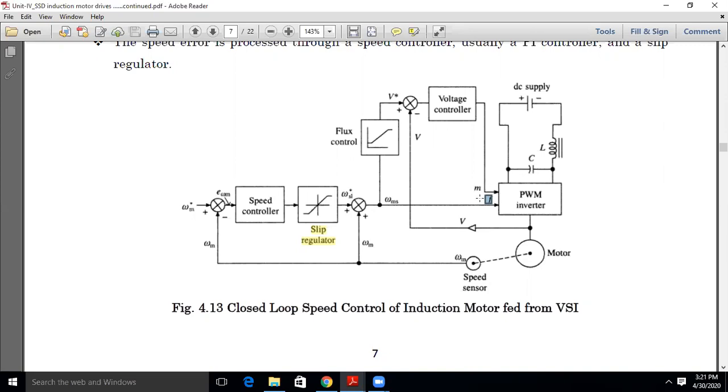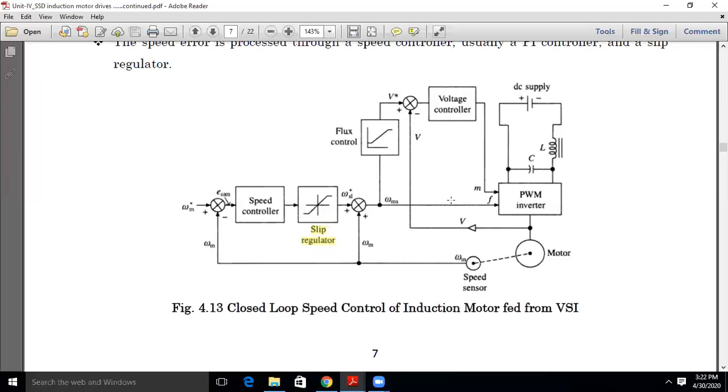Voltage variation will be from the modulation index M, which is connected to the controller. Frequency variation is based on the frequency control. These are the two major functions.